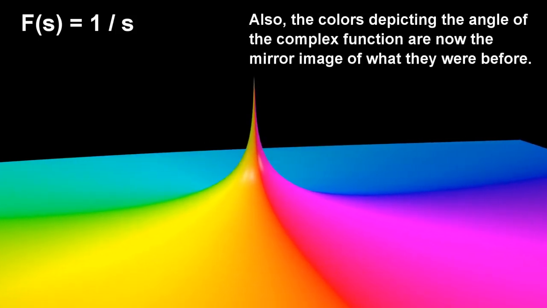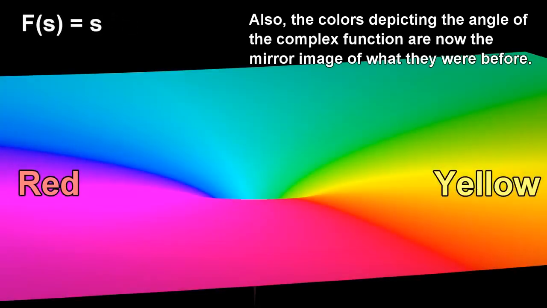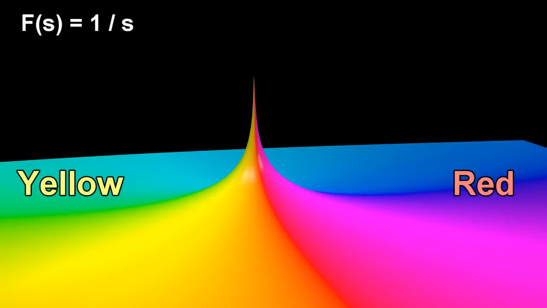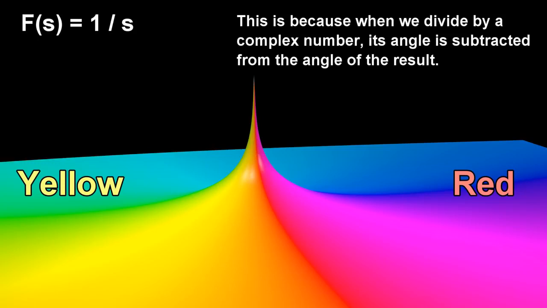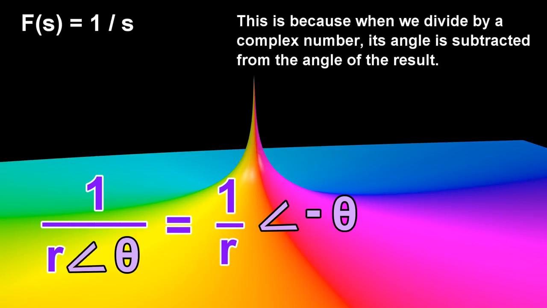Also, the colors depicting the angle of the complex function are now the mirror image of what they were before. This is because when we divide by a complex number, its angle is subtracted from the angle of the result.